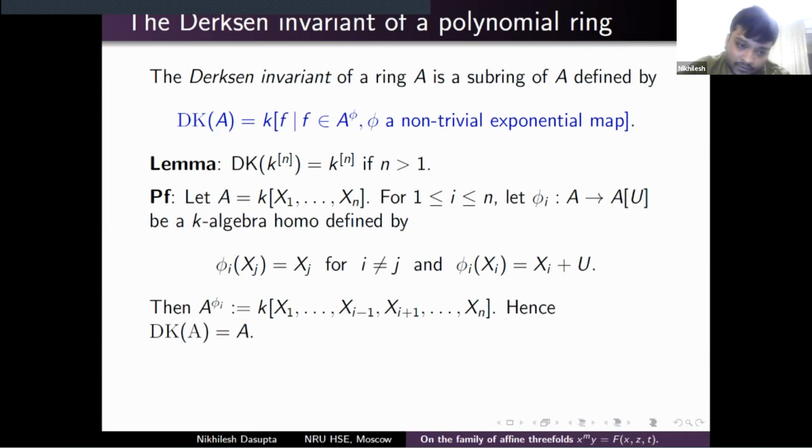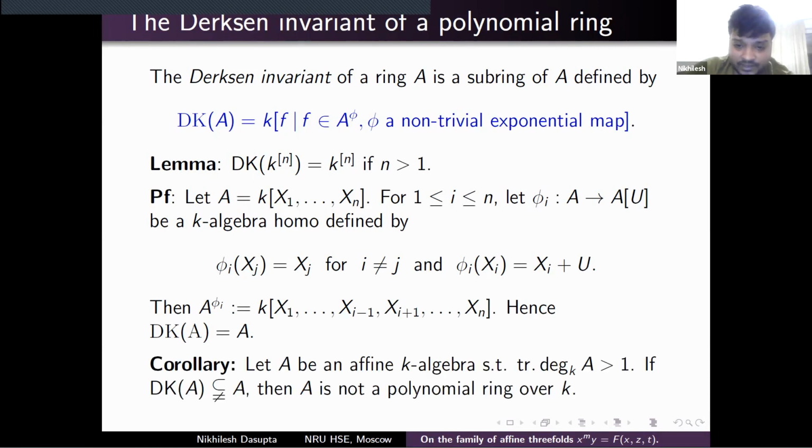Hence the Derksen invariant is the whole ring. So this becomes a tool which will be used to distinguish an affine domain from a polynomial algebra. If you have an affine K-algebra with positive transcendence degree over K, and the Derksen invariant is not the whole ring, then A cannot be a polynomial ring.